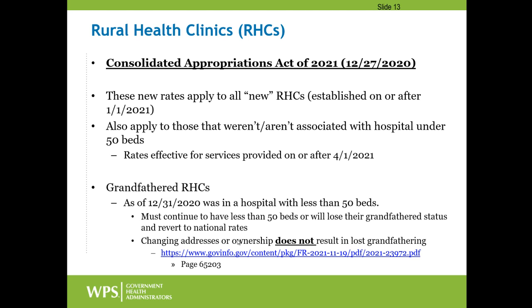It's not quite going to be the same now, but they're at least not subject to the national limit, the federal limit. Now, as long as that hospital continues to have less than 50 beds, they will continue to have their grandfathered status. You can change addresses, you can change ownership.